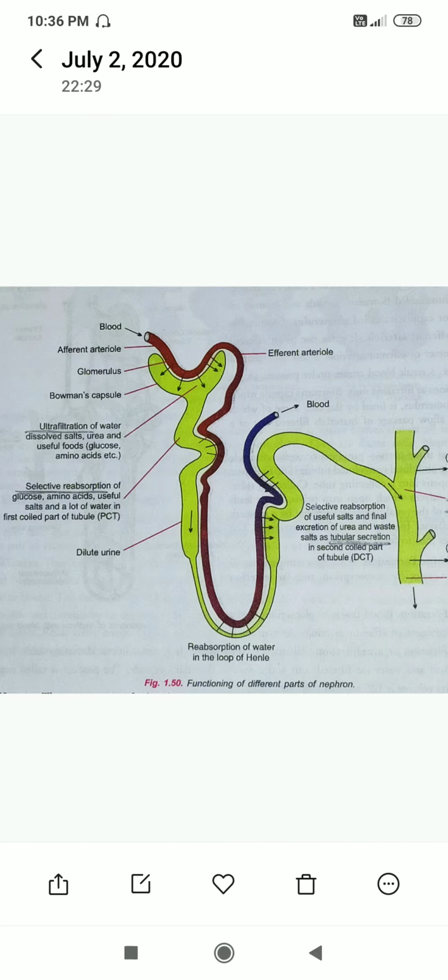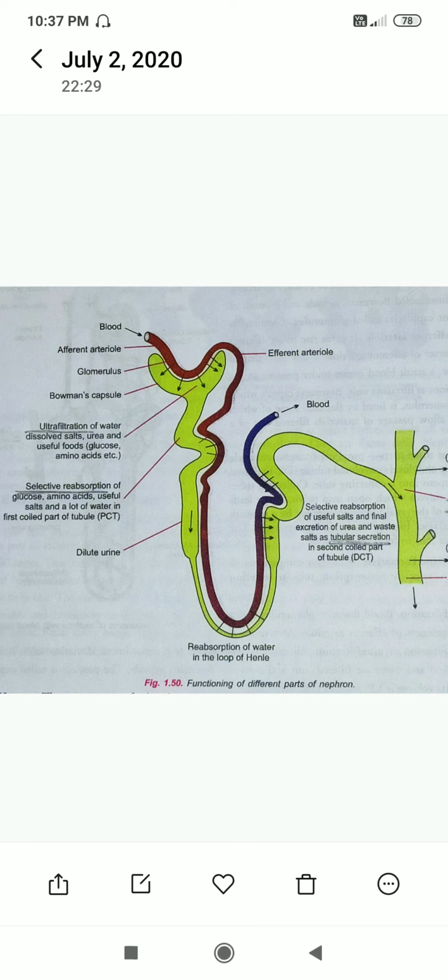The next function is selective reabsorption. The third function is tubular secretion, and the last is concentration of urine. So the complete function of the nephron is divided into 4 parts: glomerular filtration, selective reabsorption, tubular secretion, and concentration of urine.